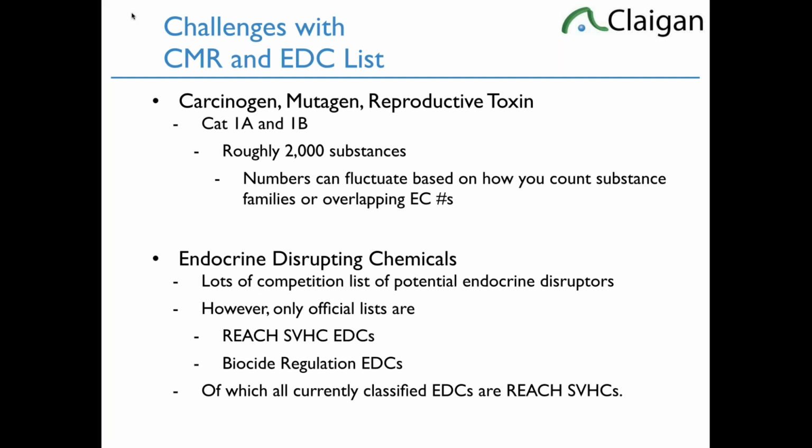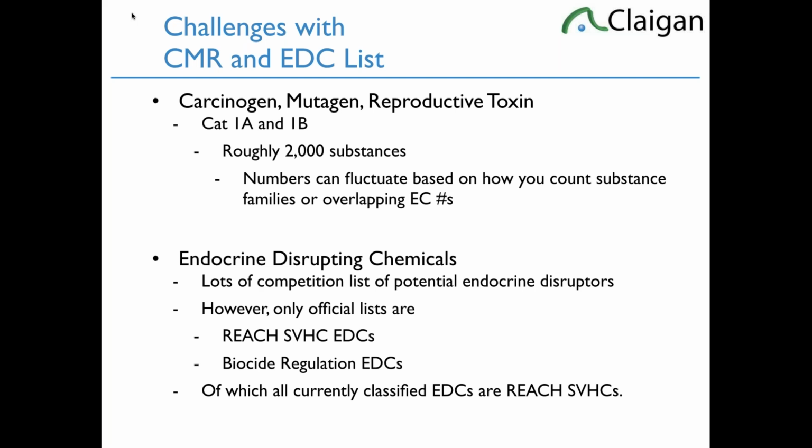There's a couple of biocides going through right now through a review process. They're all silver or silver variants. They're all antibacterial coatings. But other than that, the only ones officially classified as endocrine disruptors are REACH SVHCs. And those are all one family. They're all estrogenic. They cause the body to be more female or have an estrogenic response. They're all one type.